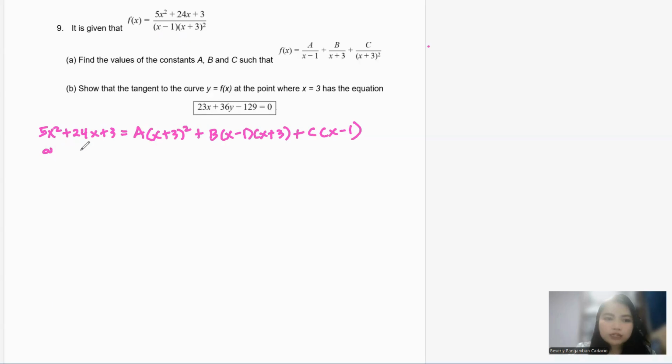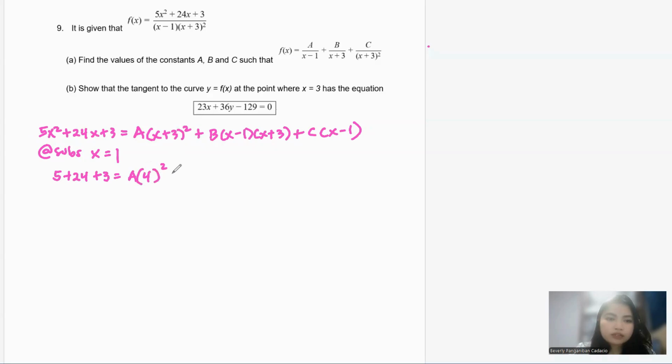I will substitute x equal to, it's up to you, but I will start here, which is going to be 1. So this one is 5 times 1 squared, just 5. So it will be 5 plus 24 times 1, just 24, plus 3. Okay, let me just skip that part. And then the A will be (1 plus 3) here, so it will be 4 squared.